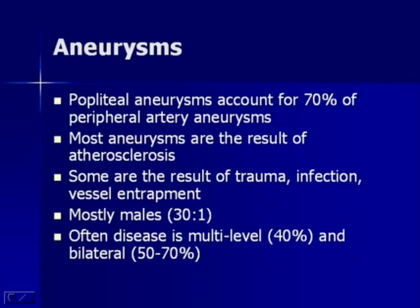Most aneurysms are the result of atherosclerosis, although they can form as a result of trauma, infection, or vessel entrapment. It's predominantly a male disease, 30-to-1 odds for male versus female presentation. Aneurysmal disease is often bilateral and multi-level, so if we find a popliteal artery aneurysm, we'll look at the other popliteal artery, and maybe the common femorals, the iliacs, and the aorta.